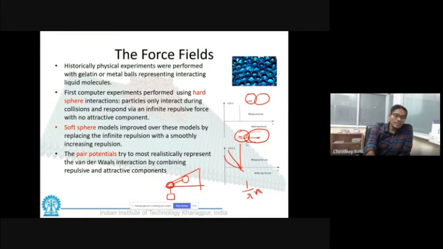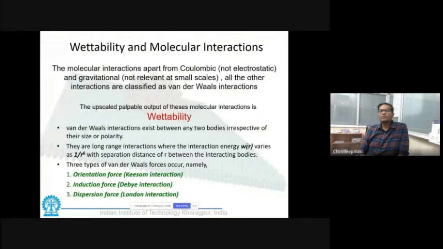And in order to find out this value of exponent, apart from the Coulombic or electrostatic forces, people would have to take into account the forces of interaction which are typically present at molecular scales, and those are broadly classified as van der Waals interactions.